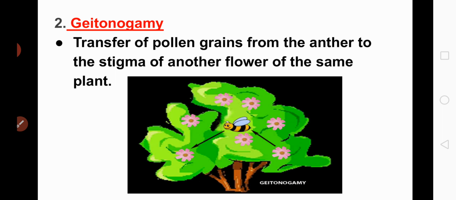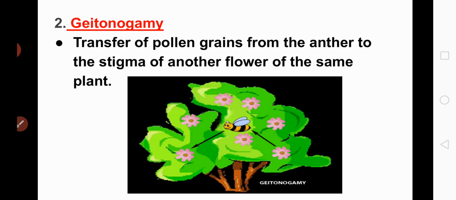So once again I'll repeat the definition. If the pollen grains are transferred from one flower to another flower of the same plant, this type of pollination includes two different flowers belonging to the same plant.